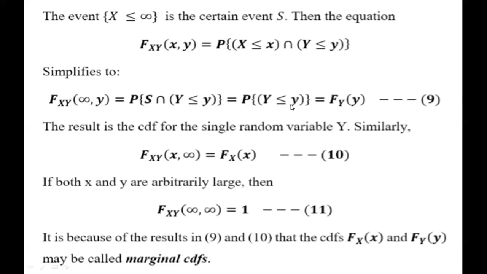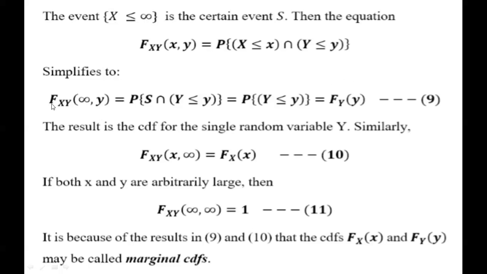So it means we can obtain the CDF of a single random variable y using the bivariate CDF, provided the event x happens to be a sure event, that is x is less than or equal to infinity.